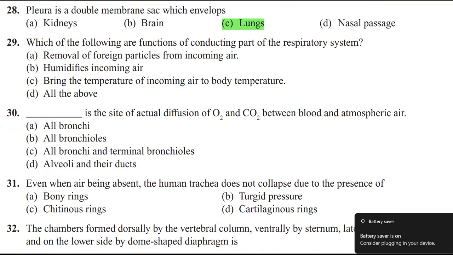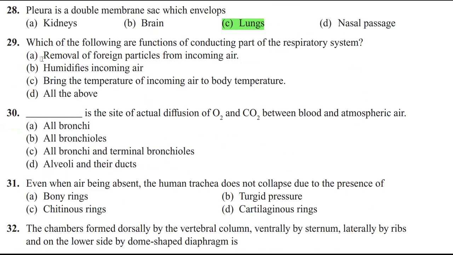Next. Which of the following are functions of conducting part of respiratory system? Removal of foreign particles from incoming air, humidifies incoming air, brings the temperature of incoming air to the body temperature, all the above.